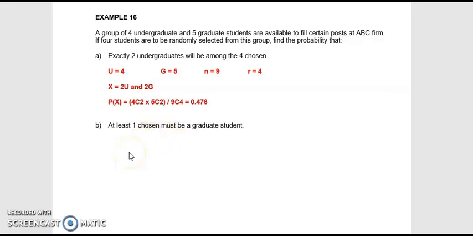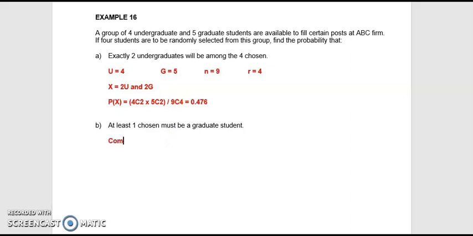Okay, B. At least one chosen must be a graduate student. We find the combination of at least one graduate student. Graduate students we have 5. At least means 1, 2, 3, 4, 5.